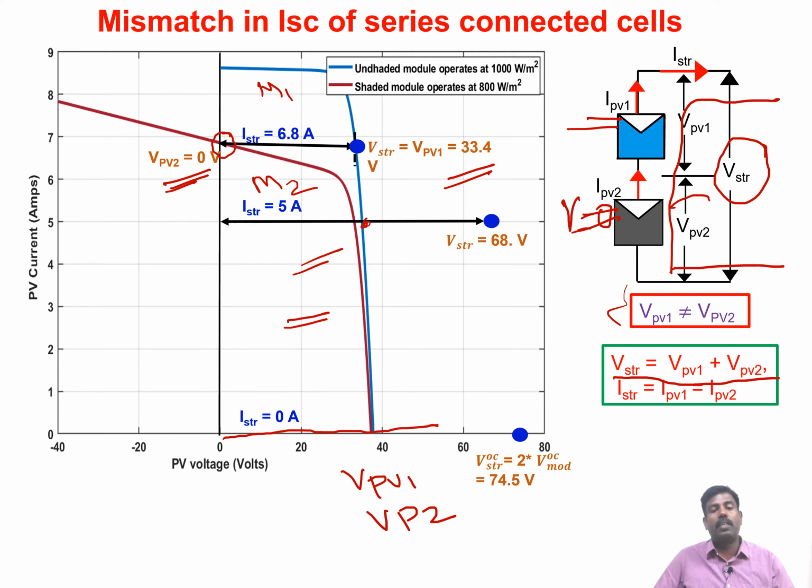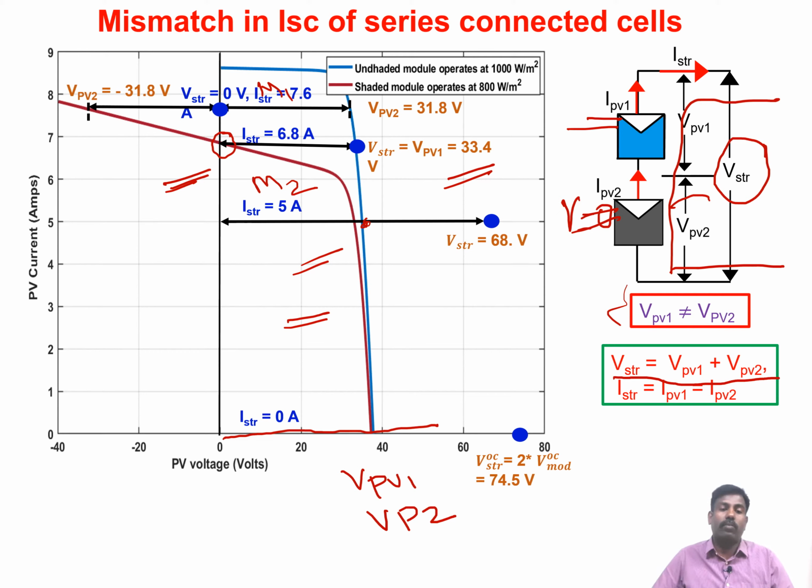So this is the extended line of the characteristics. Now we will see what will happen if I want an operating point which is more than the short circuit current of the shaded modules. So this is the operating current which I want.